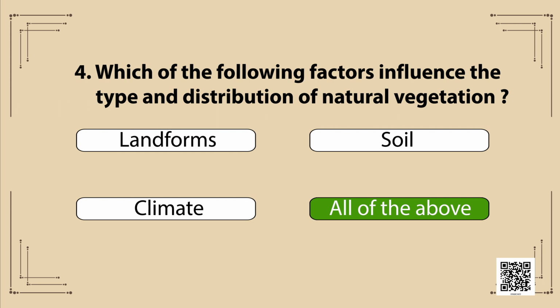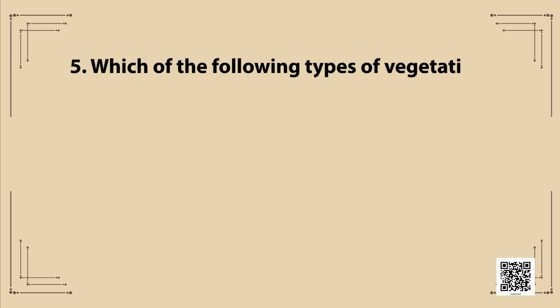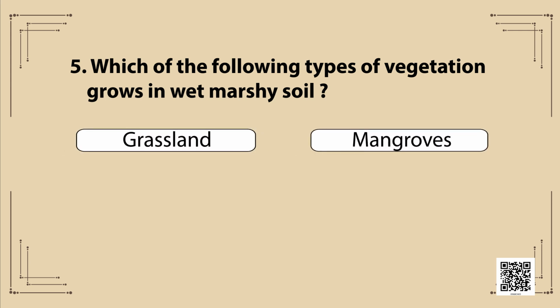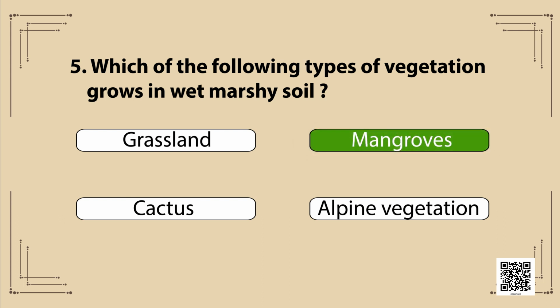The next question is, which of the following types of vegetation grows in wet, marshy soil? The options are grasslands, mangroves, cactus or alpine vegetation. And the correct option is mangroves.